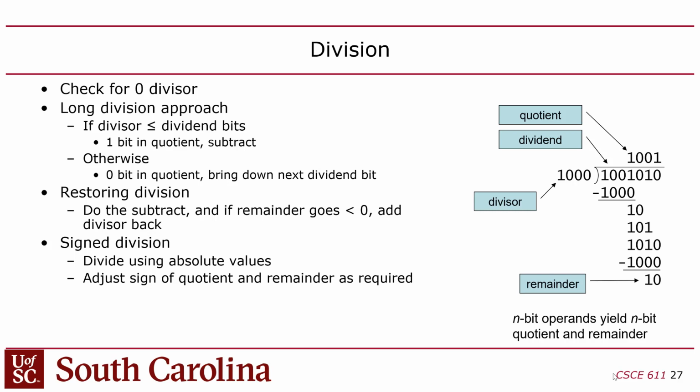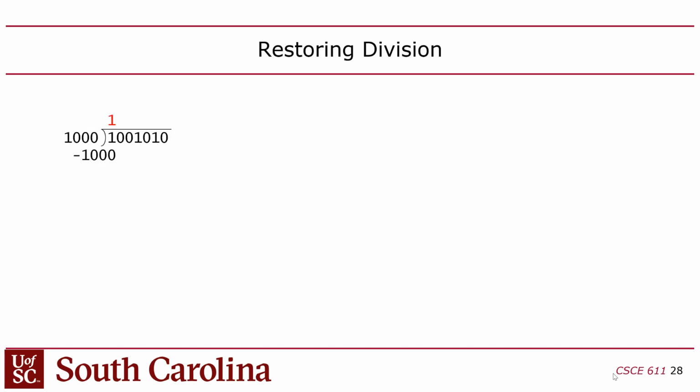Which it can't do. So it'll undo that subtraction and put a 0 there as the leading digit of the quotient. I try to show that here. So what the hardware will do is it'll try to put a 1 in that position, and then it'll try to subtract 1 minus 8.